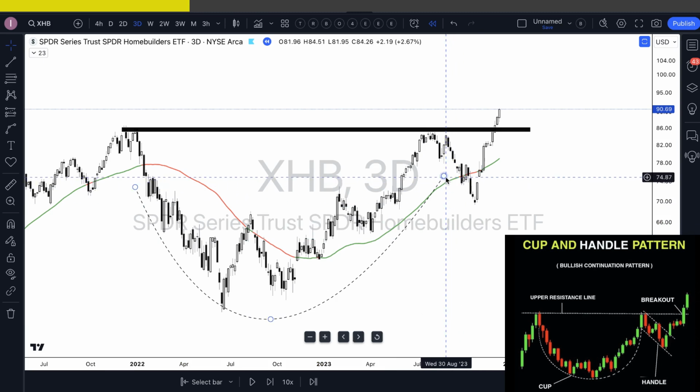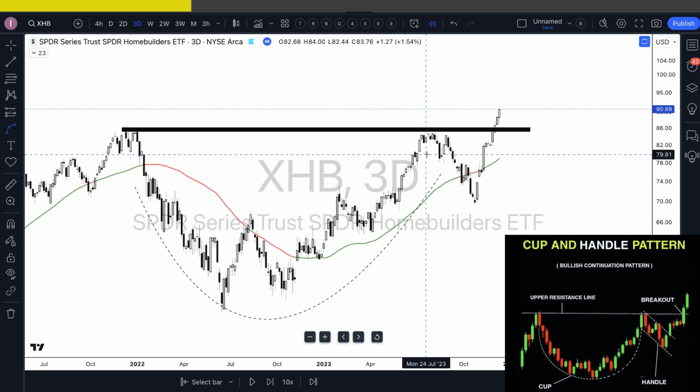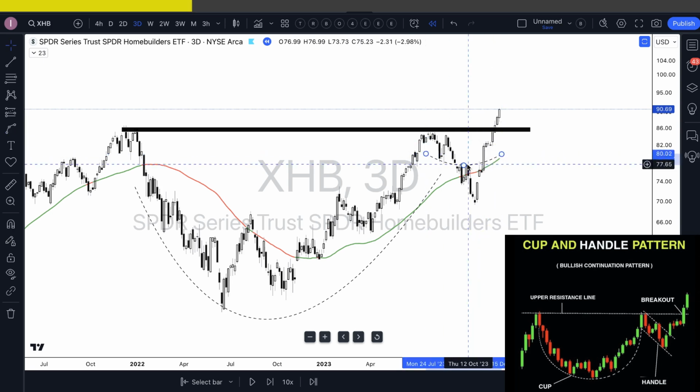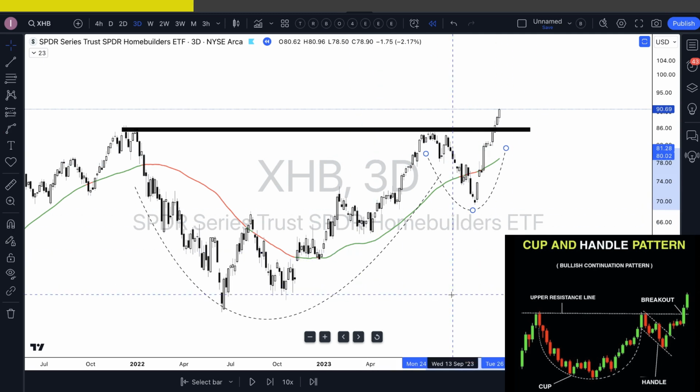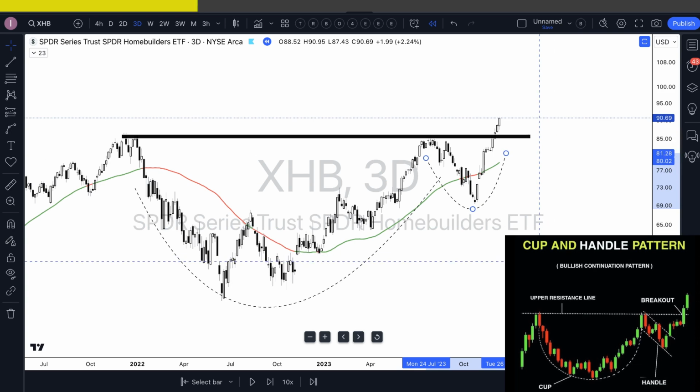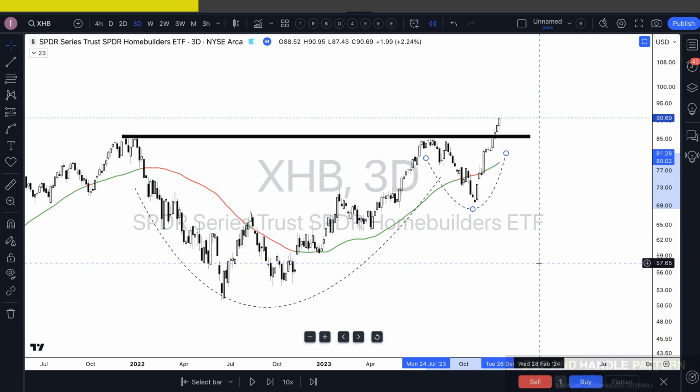These dotted lines, if you can see, that's that rounded bottom. And then the handle is this section right in here, okay? That's your cup and handle. Do me a favor, GPT that, or whatever AI tool you prefer, and dig into what a cup and handle is. It's one of, again, the most bullish patterns of all time.